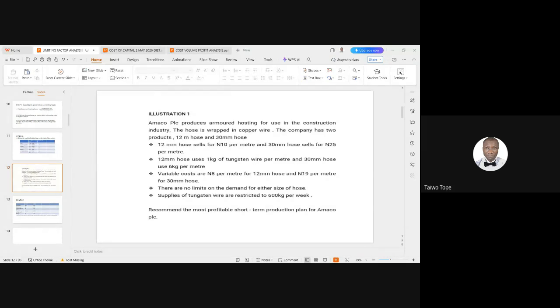Very good. Now, what is the unit of tungsten wire you need to produce 12 mm hose and 30 mm hose? For 12 mm hose, 1 kg. 1 kilogram, very good. For 30 mm hose, it is 6 kg. Fine. So this is what you use to divide your contribution per unit to get your contribution per limiting factor.